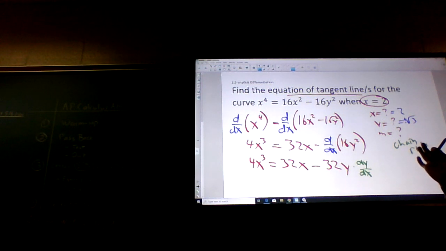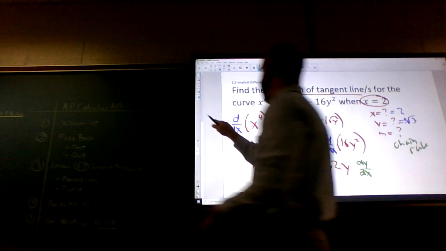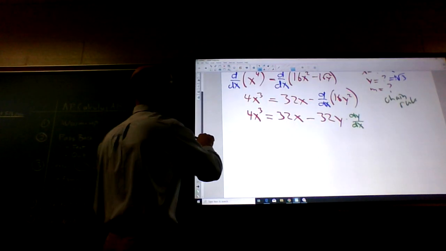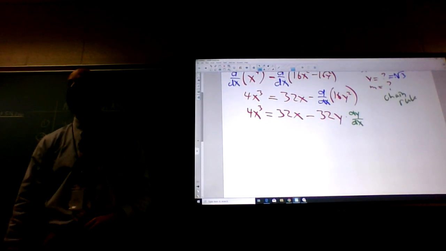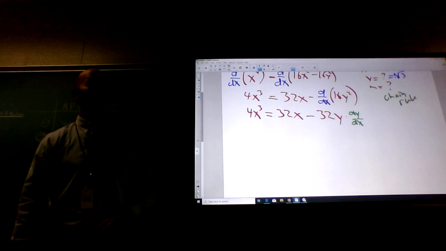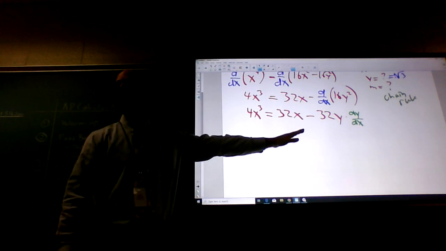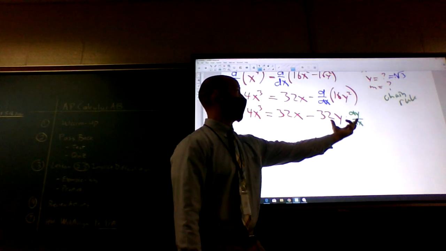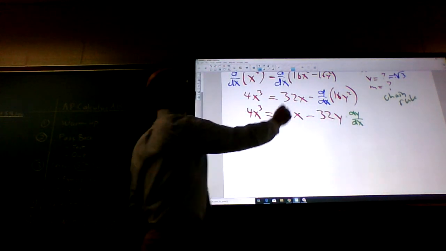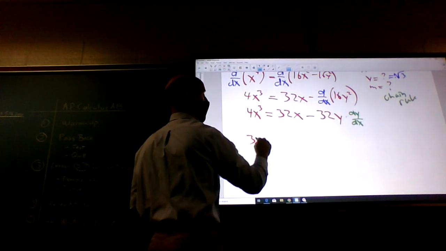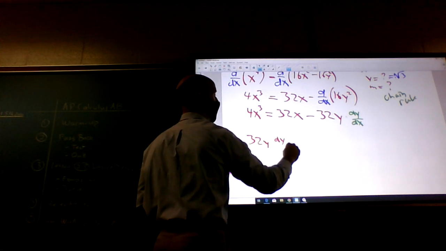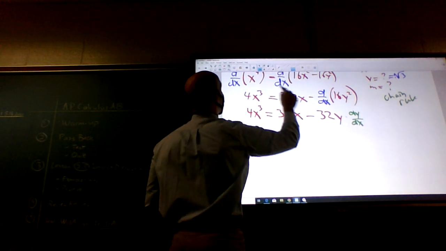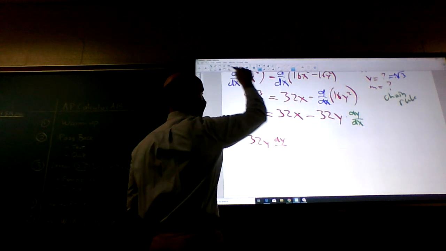Is that okay? So far, by the way, I'm done with the calculus now in this particular problem. Now my goal is to get dy dx by itself. Would you guys agree I could move this whole thing over here? So that'd make it 32y dy dx. In fact, let me leave this guy here in green.